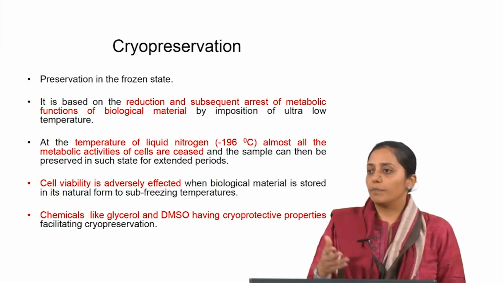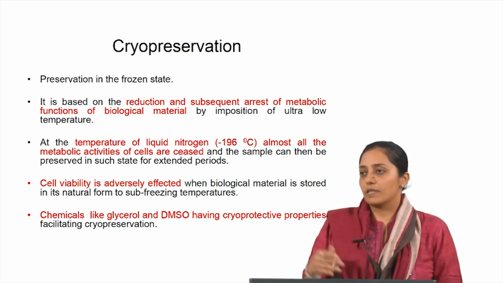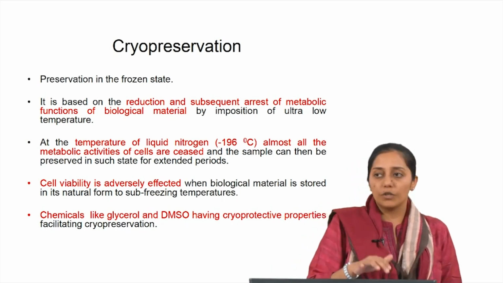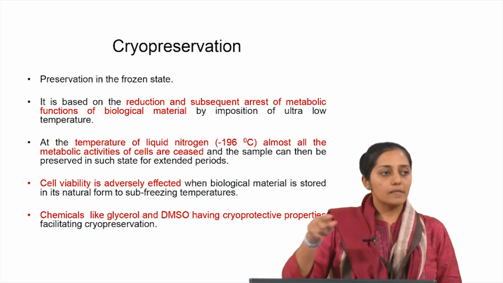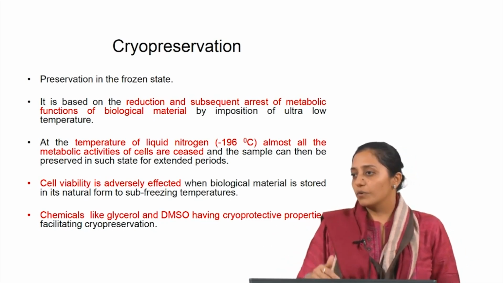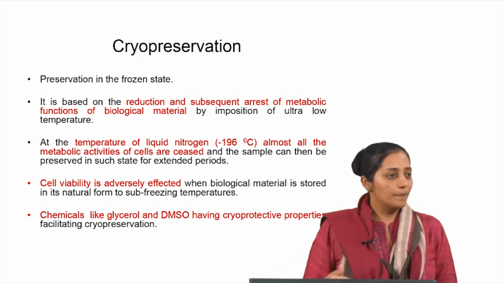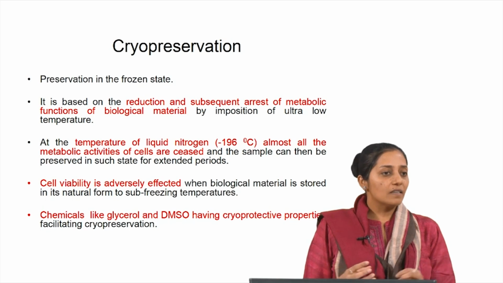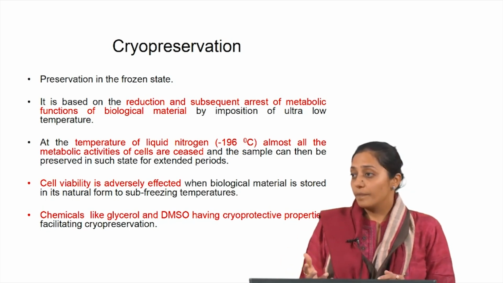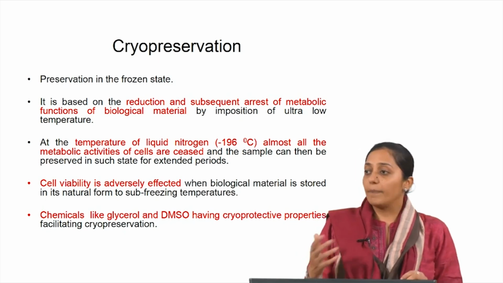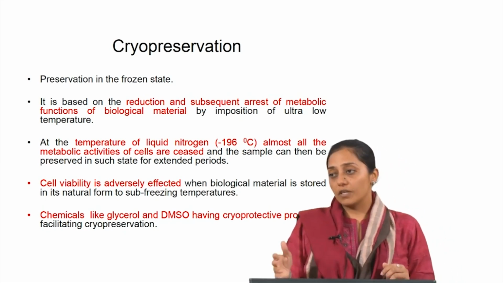Sometimes in literature people use 45% glycerol stock, some people use 20% glycerol stock, depending on what species you are working with, whether you want to cryopreserve bacterial cells, fungal cultures, or plant cells. The glycerol percentage keeps varying. Or sometimes DMSO is used.